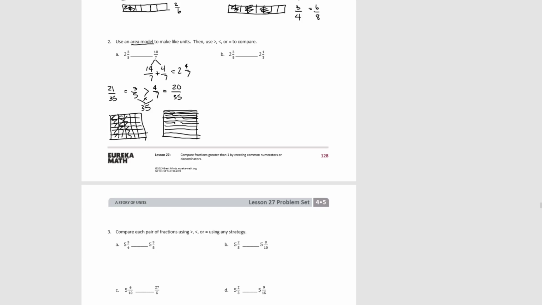And now we're going to decompose by 5ths. And if we count, we have 20 35ths and 21 35ths. So going all the way back to our original, 2 3/5 is greater than 18/7. Try B.